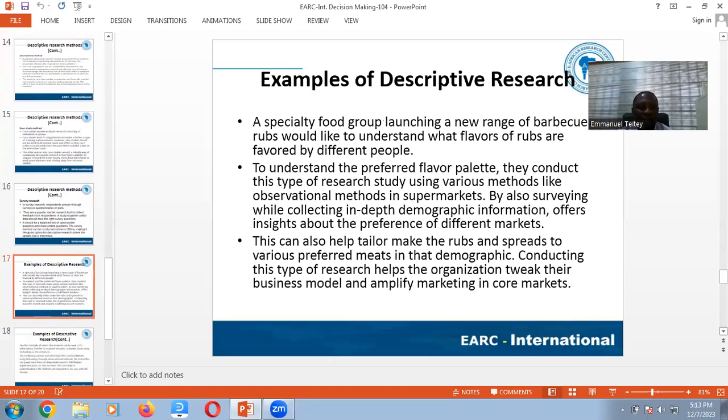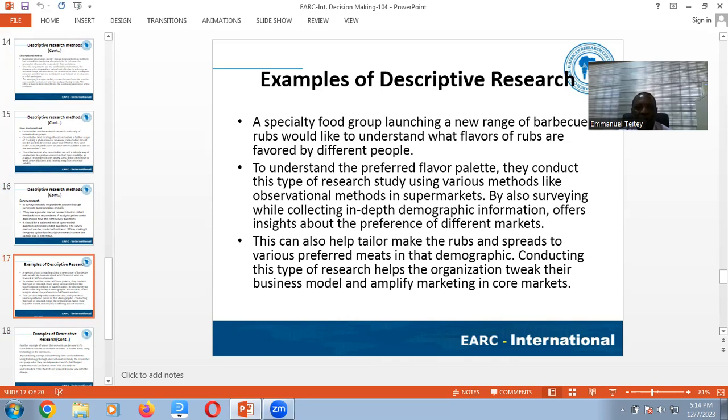Examples of descriptive research. A specialty food group launches a new range of barbecue rubs. We'd like to understand what flavors of rubs are favored by different people.